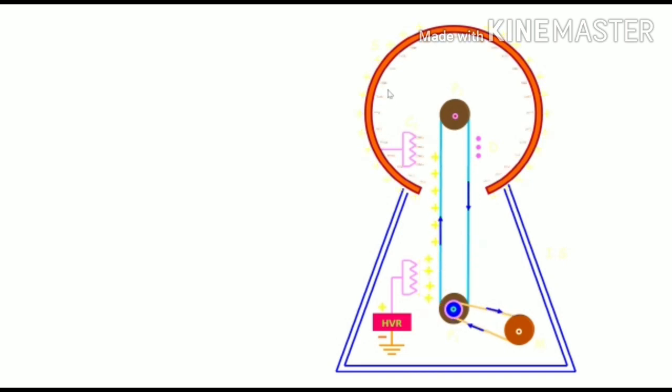When you apply the high potential to the comb, it ionizes the gas, and the positive charges are attracted by the belt and move upwards since the belt is moving. Due to electrostatic induction, the comb E gets negatively charged, and positive charges are on the sphere.